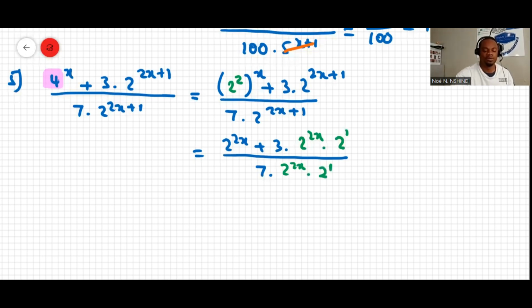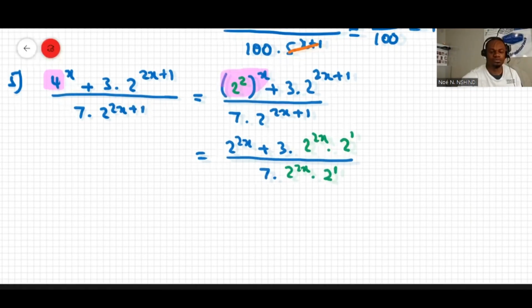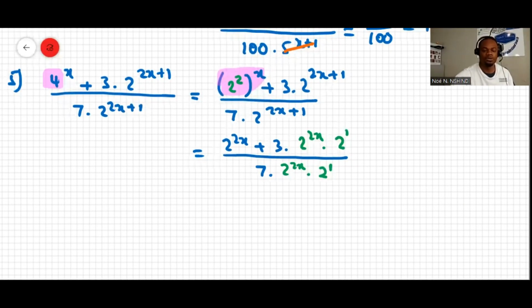I wanted you to notice that first I broke down 4 like that, and this time I also broke down 2 to the 2x plus 1 like this, and the denominator here also.